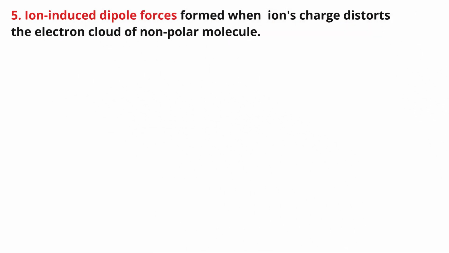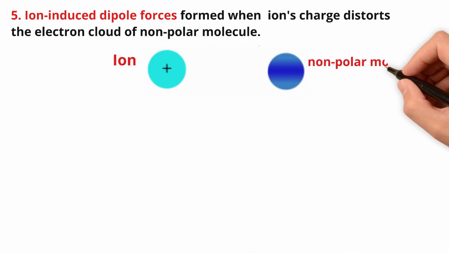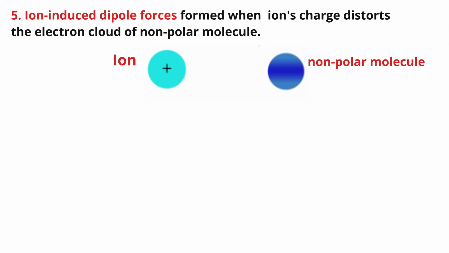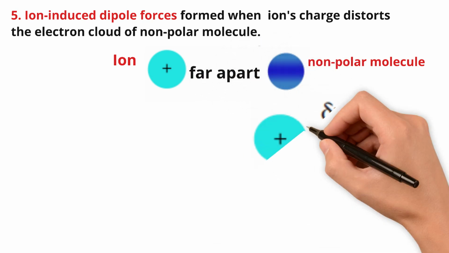The fifth one is ion-induced dipole force. When an ion's charge distorts the electron cloud of a nonpolar molecule. This one is an ion and this one is a nonpolar molecule. As I told you, in a nonpolar molecule there is no charge separation, there is even distribution of electrons, and there is no polarity. But when the ion and the nonpolar molecule are far apart, there is no polarity in the nonpolar molecule.